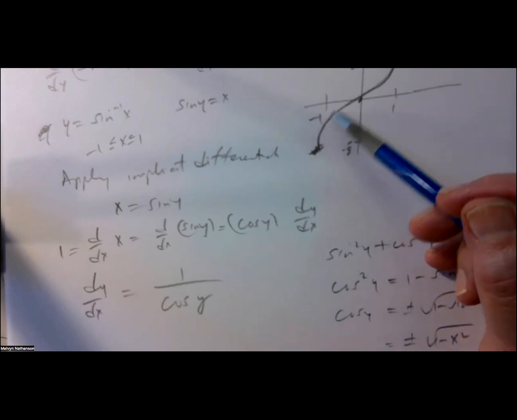Sine y is x. This is plus or minus the square root of 1 minus x squared. But which is the sign, positive or negative? Well, first of all, this is increasing, so it has to be positive, just from looking at the graph. So this is 1 over square root of 1 minus x squared.